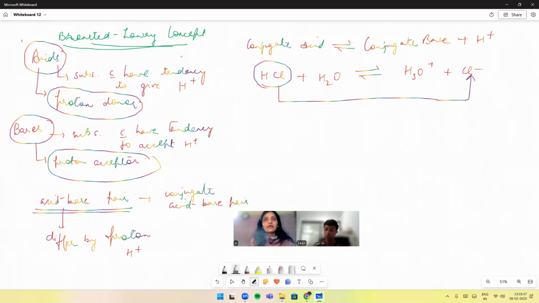So this is conjugate acid. Got it? And this is going to change into chloride because it has donated the proton. This has gained the proton to form hydronium. So this is conjugate base and this is conjugate acid. Should I repeat?